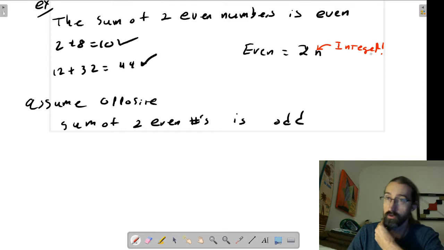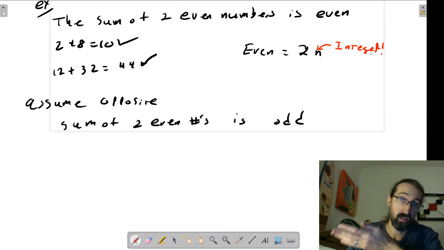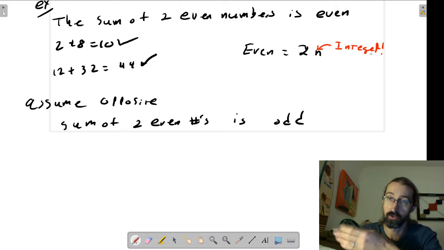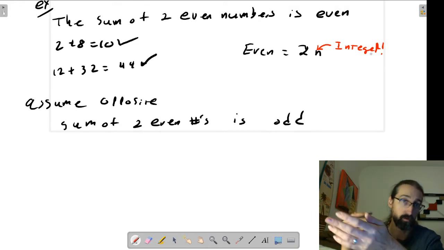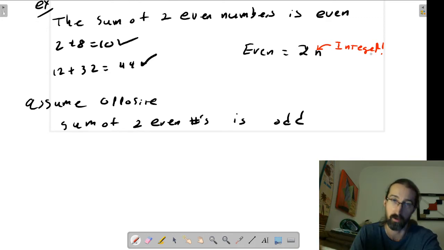Like a 1, a 2, a 3, even a negative. n is some integer. 2 times some integer number gives me an even number. 2 times 1 is 2. 2 times 2 is 4. 2 times 3 is 6. 2, 4, 6, those are our evens. Even numbers are 2 times n, where n is an integer.